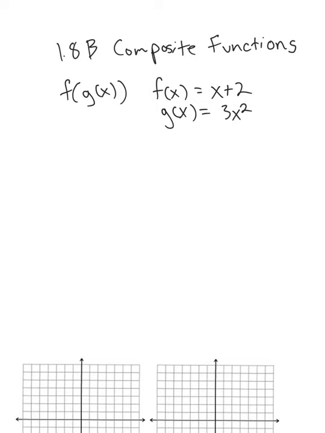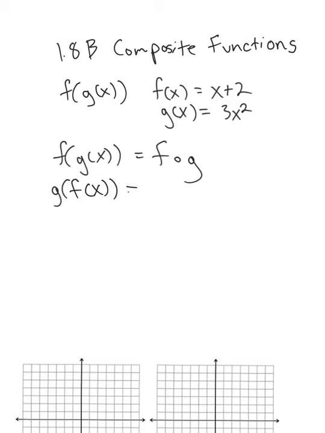However, today we're also going to show you a different form. f of g of x could also be written as f of g. Likewise, if you were to have g of f of x, that would be written as g of f.